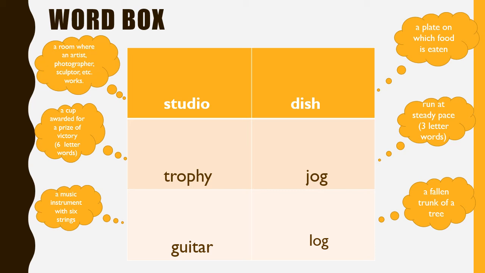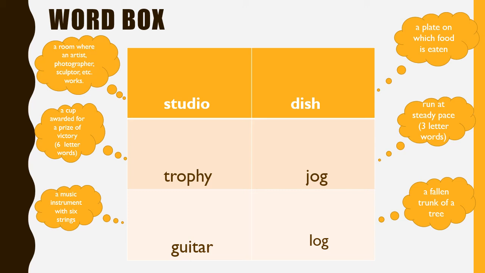The singer was having a recording session in the studio. Alright, next. A plate on which food is eaten is a dish. Now make your own sentence using the word dish. Here's my sentence. Somebody has broken the dish.